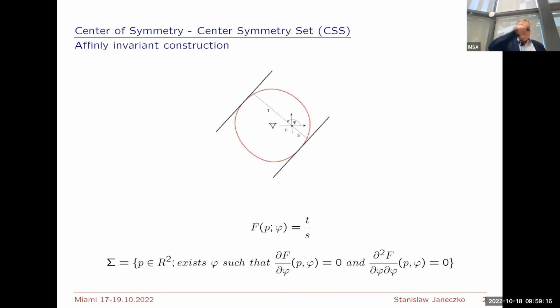If you go around with angle phi of that curve, then this function has some singular critical points, minima of quadratic or third order or fourth order and so on.